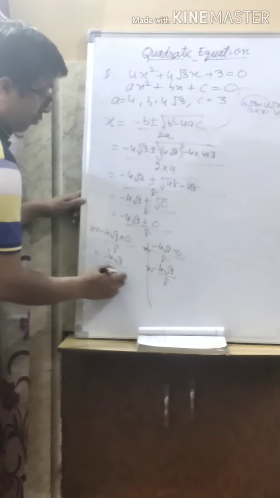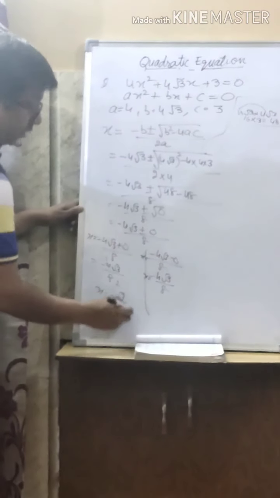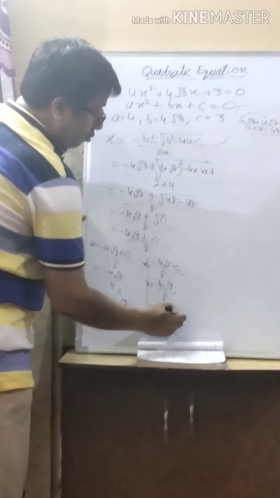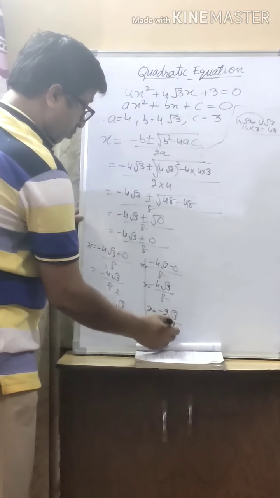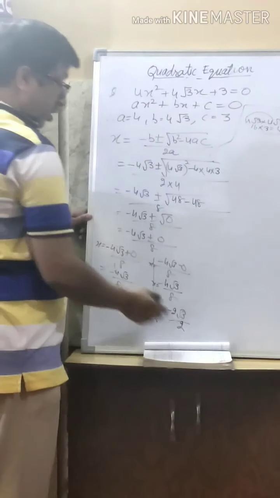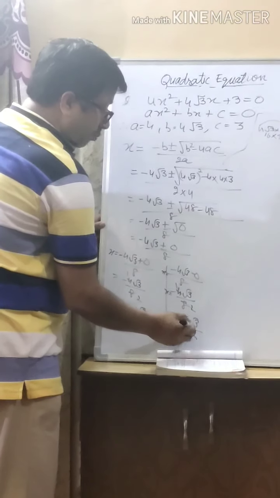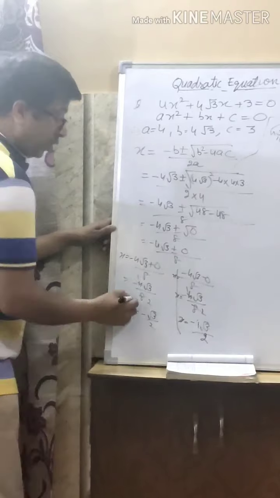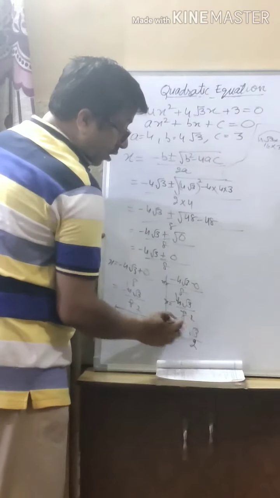Now 4 ones are 4, 4 twos are 8. So x is equal to minus root 3 by 2. Again x is equal to minus root 3 by 2. Now these are the two roots of the quadratic equation.